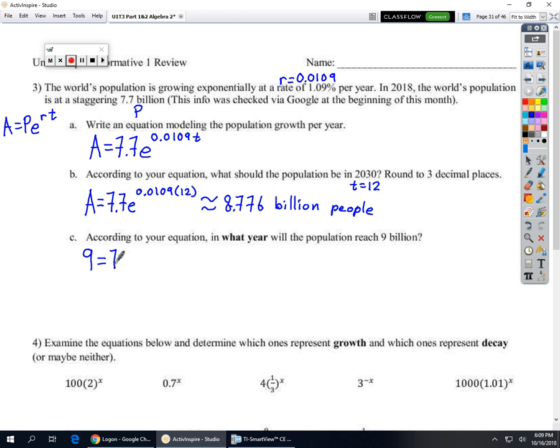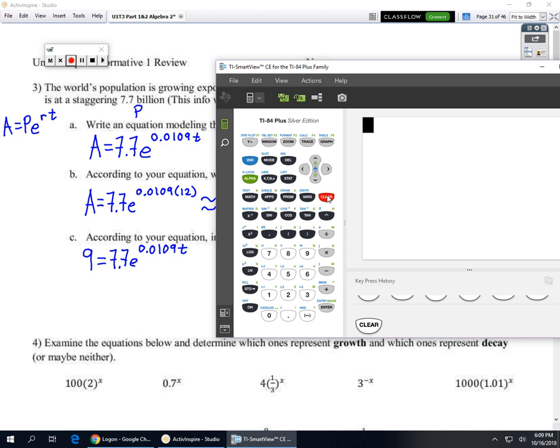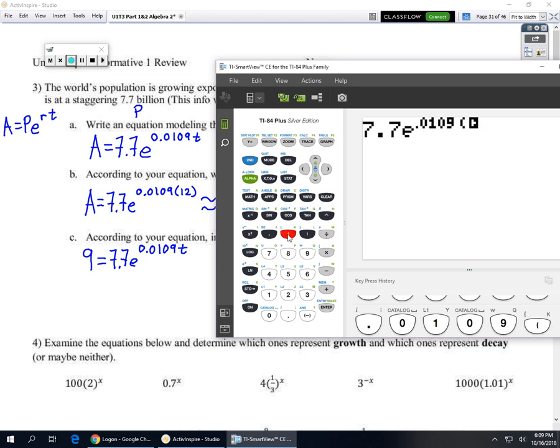So 9 equals 7.7 e to the 0.0109 to the t. And here's where I'm just going to start testing some numbers. So I want to know when it's equal to 9. So 7.7 e to the 0.0109 times something. Well, I know it's greater than 12.